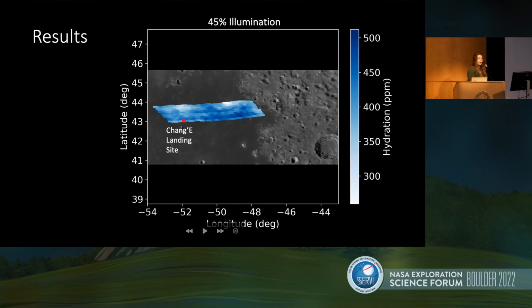We used the 45% illumination data set to show the most hydration that we measured. So we can see that the mare shows hydration, and then there's two lighter areas along the top, and those are both correlated with craters on the surface.